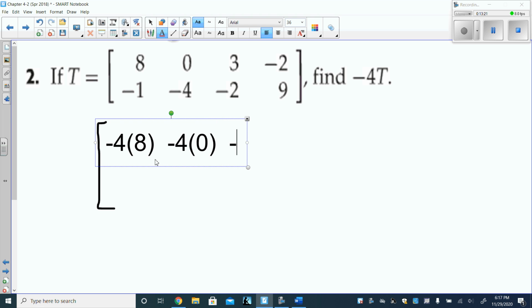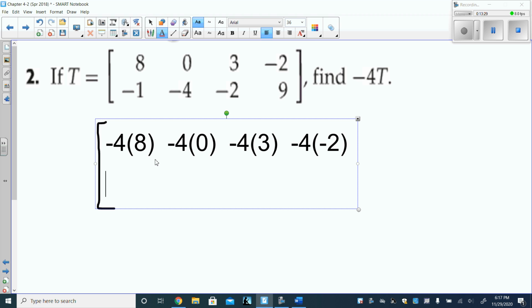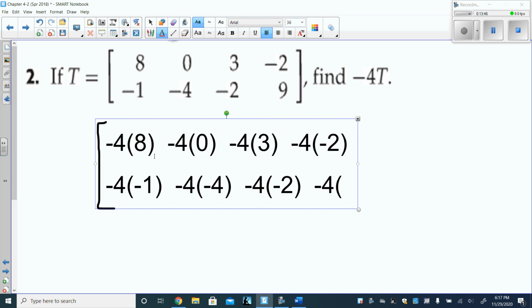Then negative 4 times 3. Then negative 4 times negative 2. And then on the next row, we'd have negative 4 times negative 1. Then negative 4 times negative 4. And then negative 4 times negative 2. And lastly, negative 4 times 9.